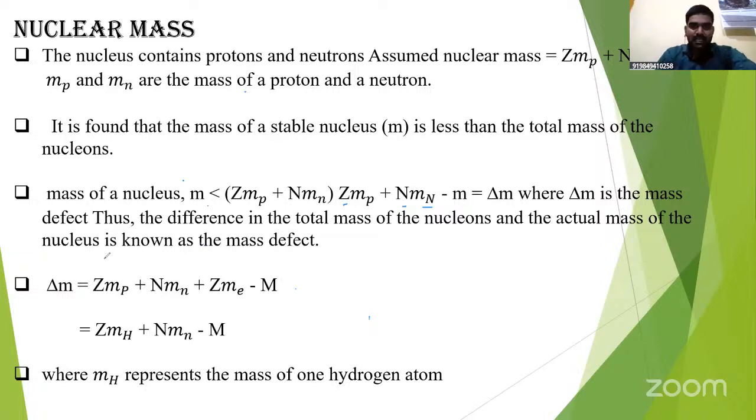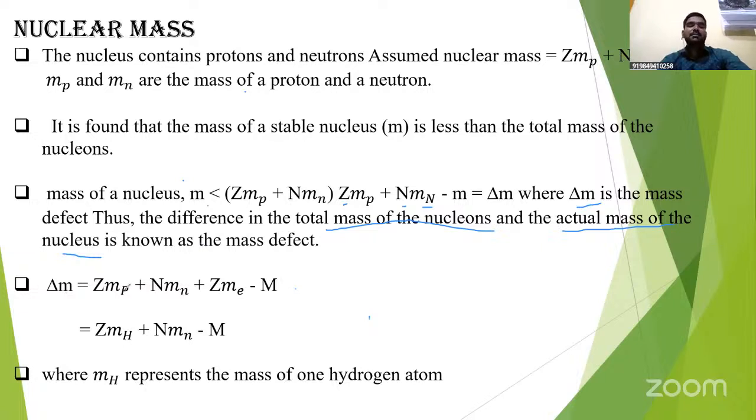Delta M, the change in mass, is the difference between the total mass of the nucleons individually and the actual mass of the nucleus. The total mass of the nucleons minus the actual mass of the nucleus is called the mass defect.